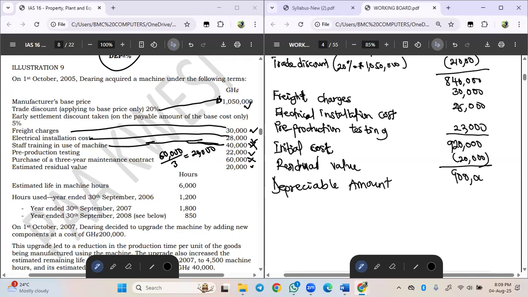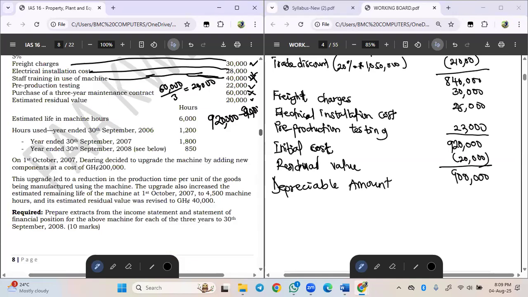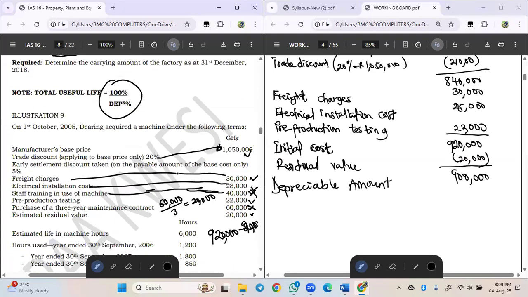We are doing this because we are going to calculate the depreciation in different styles. If you are using a rate or anything, you could have done this 920,000 minus the 20,000 residual over the useful life. But here we don't have useful life.